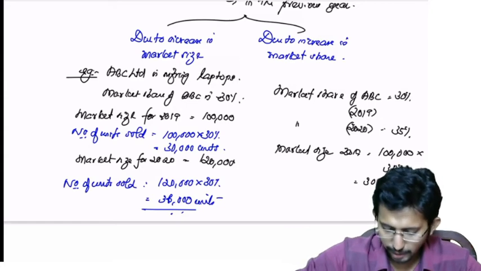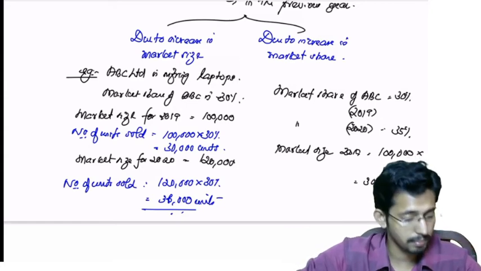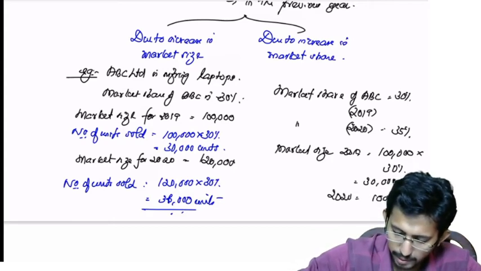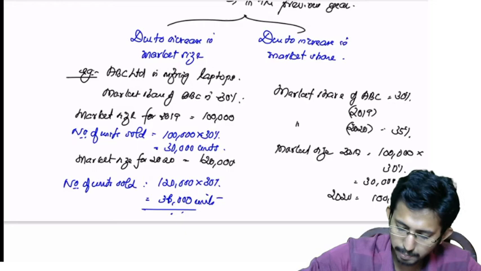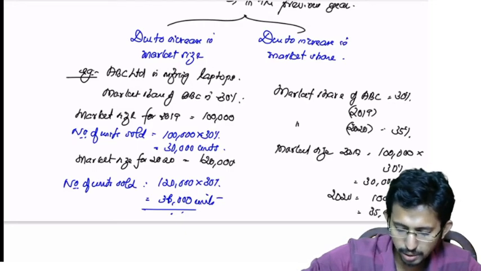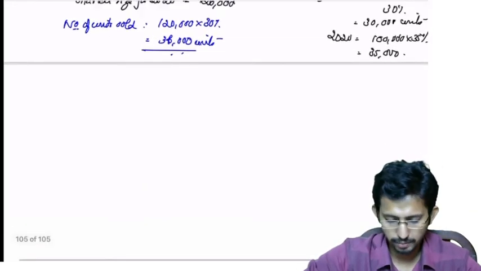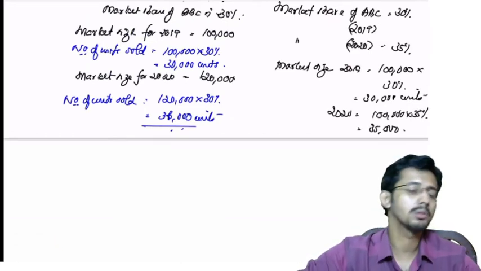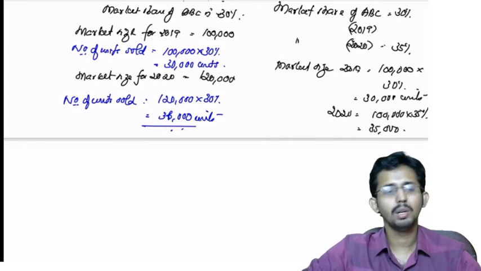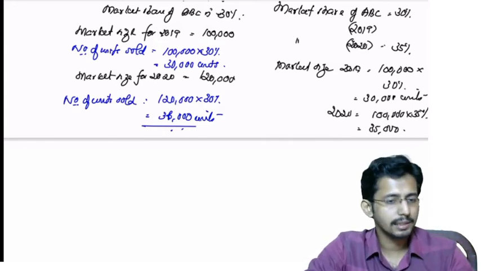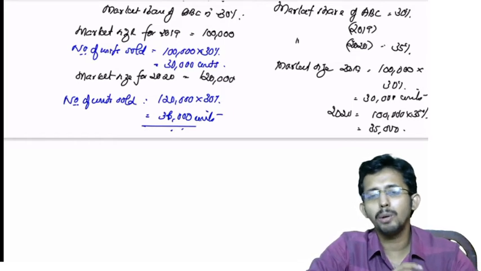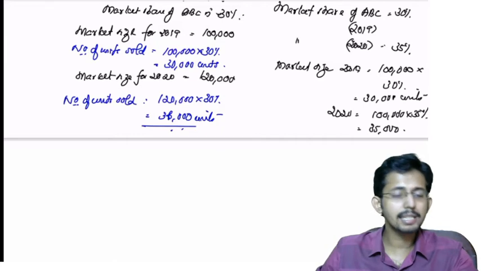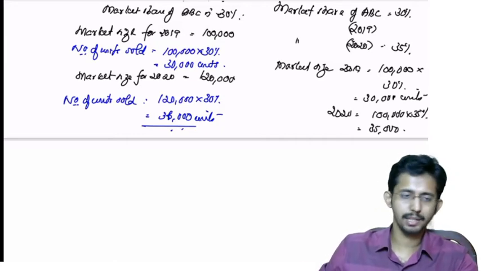Okay, if the same market size continues in 2020 also, what will happen? 1 lakh into 35%, that is 35,000 units will be the number of units sold, which means there is an increase in the number of units sold by 5,000 units. So that point to be noted is that any change in the volume of any product could be due to two reasons. One is due to change in the market size, and two, due to change in the market share.